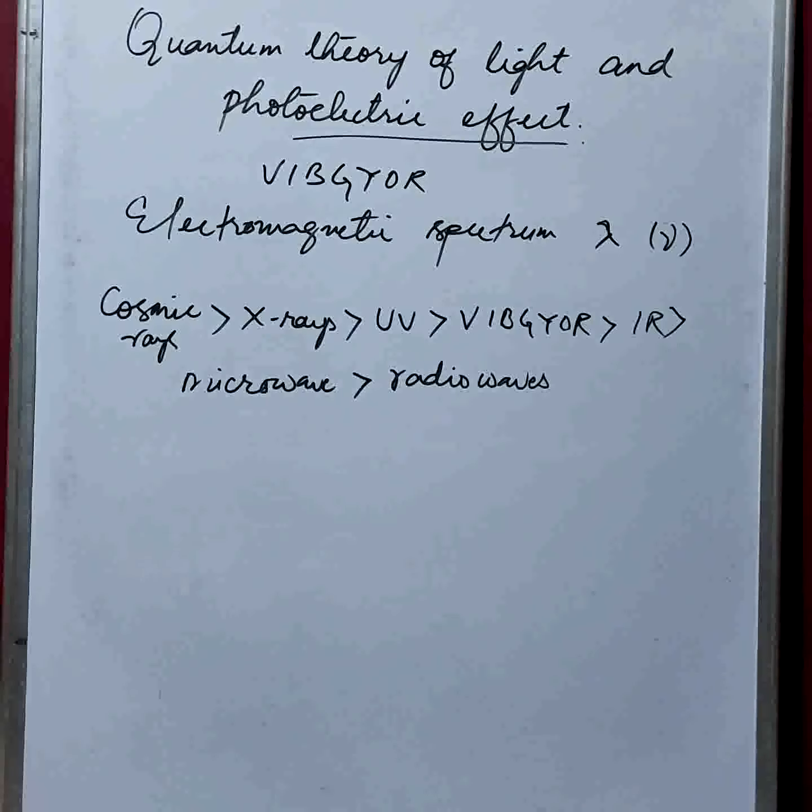Now, by this time, we know that light behaves as waves, and some phenomena such as diffraction and interference can be easily explained by the wave nature of electromagnetic radiation.